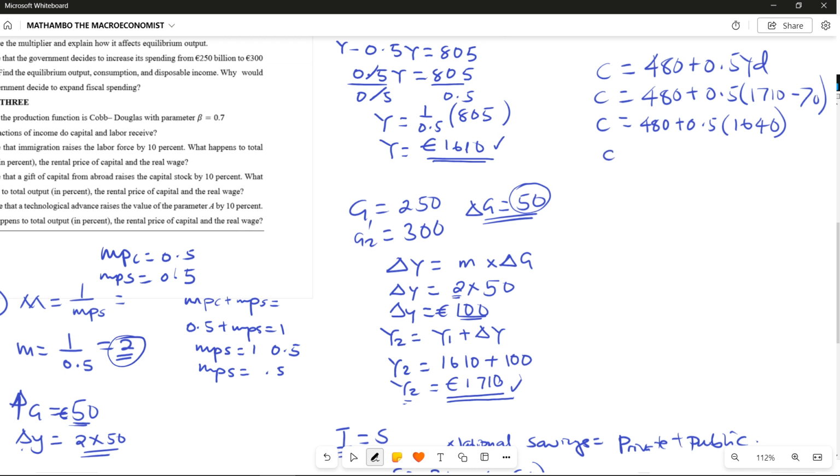This gives me consumption equal to 1,300 euros as our value for consumption.